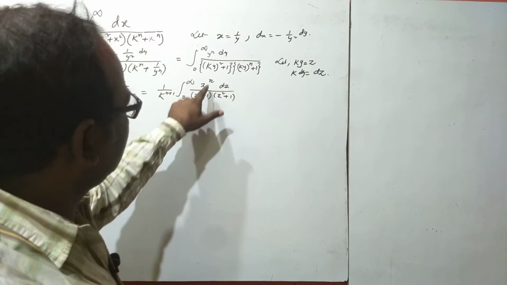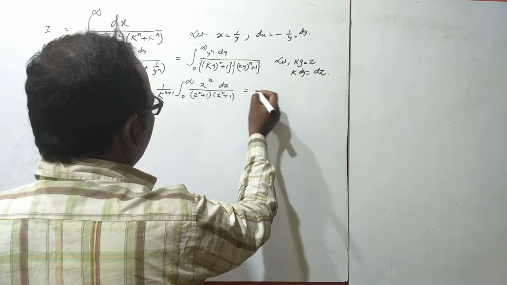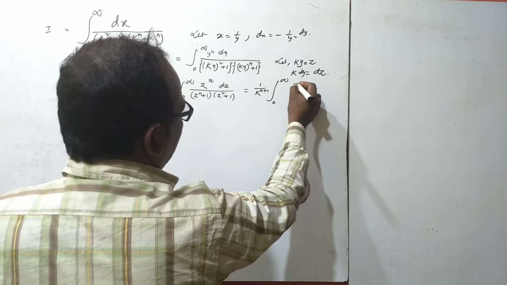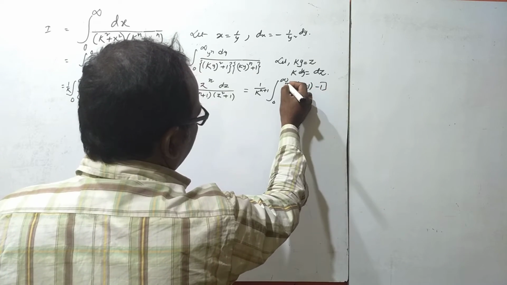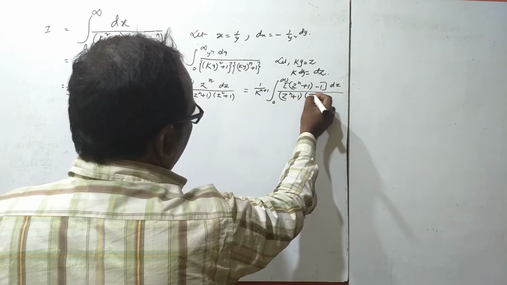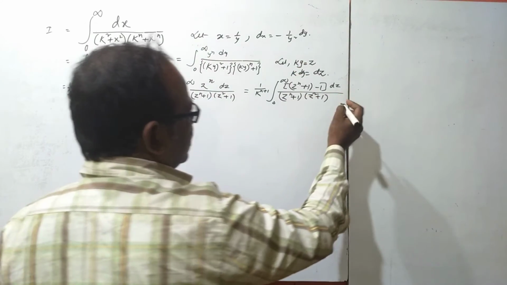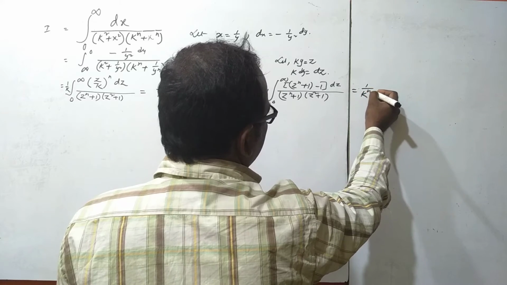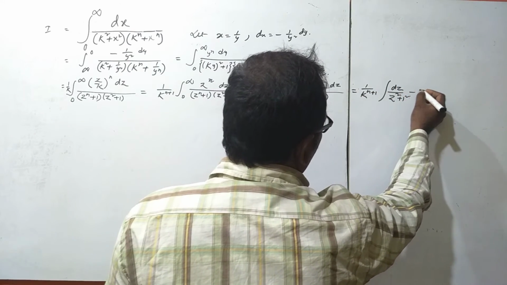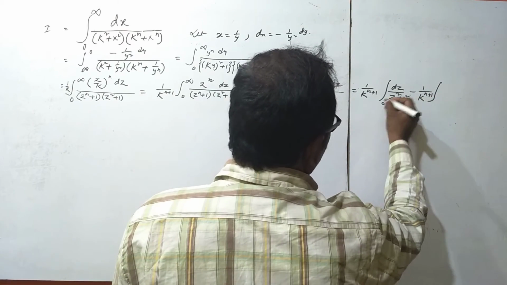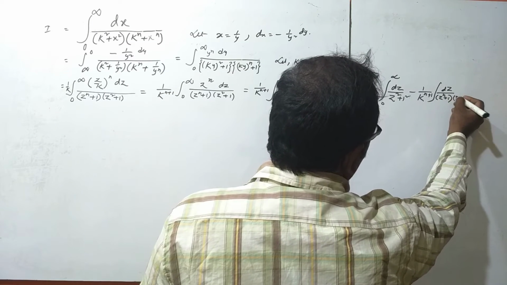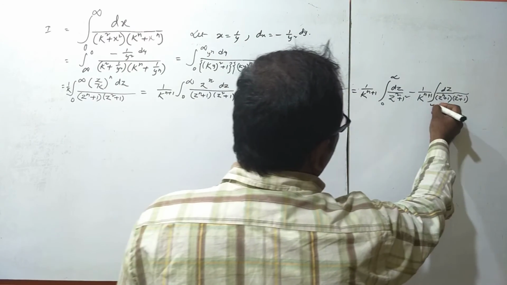See, this is z to the power n plus 1, and the numerator is z to the power n. So we want to get z to the power n plus 1 in the numerator, so add 1, and for balancing subtract 1. Then separating these two parts as two integrations: the first is dz over z square plus 1, minus 1 over k to the power n plus 1 times the integral from 0 to infinity of dz over (z to the power n plus 1) and (z square plus 1).